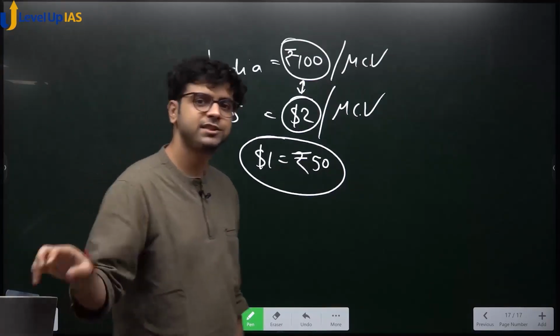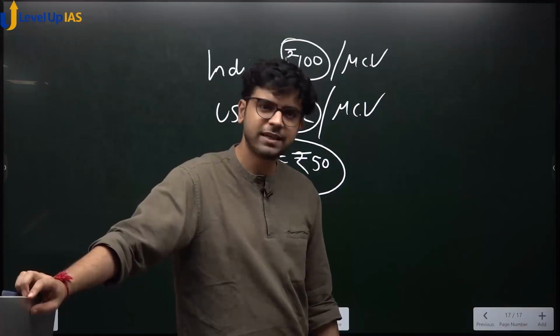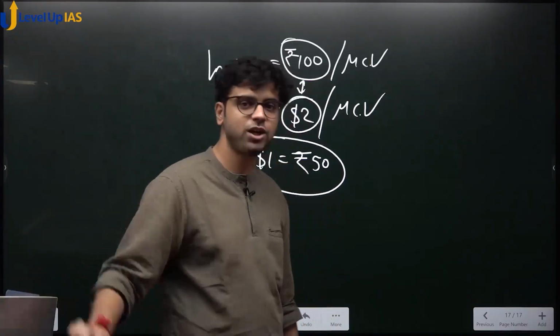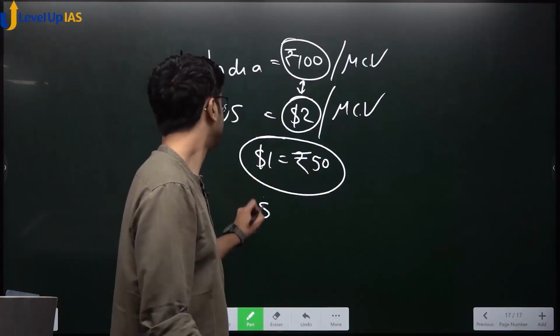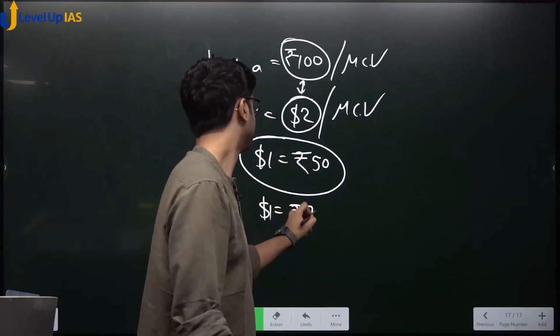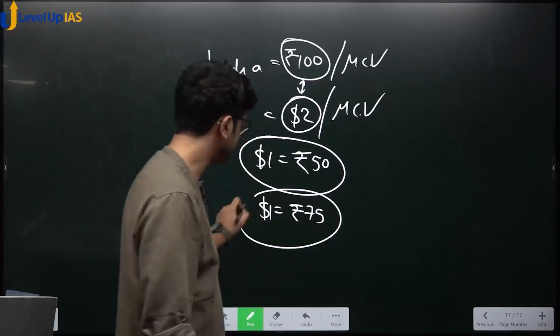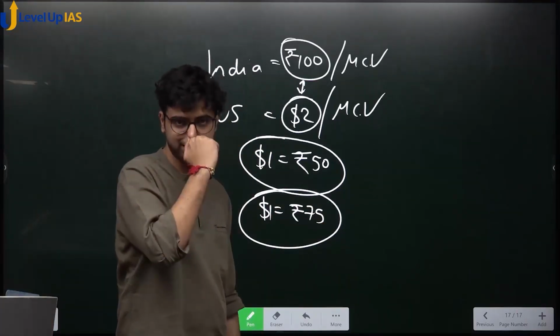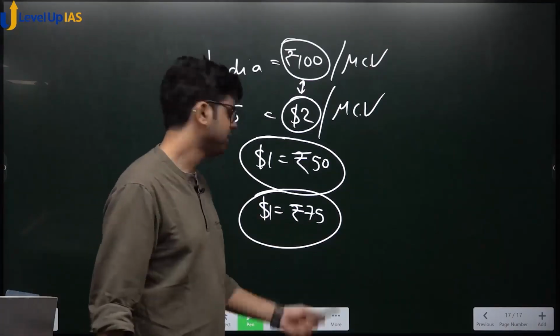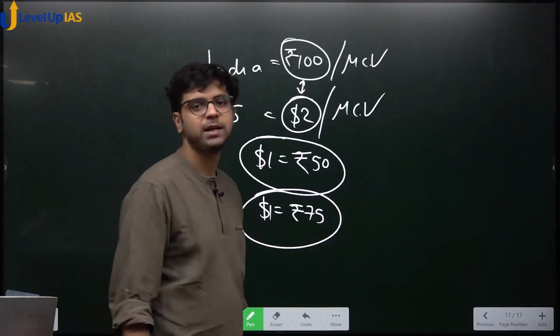What is the current exchange rate? 75 approx, let's take approx, 74, 75. What is the current dollar exchange rate? This is the official exchange rate, yes or no, which you find everywhere. $1 is 50 rupees, $1 is 75 rupees. Why is there a mismatch now?